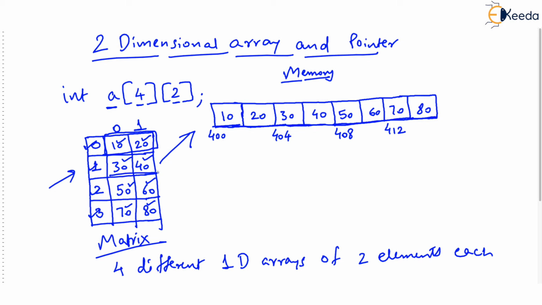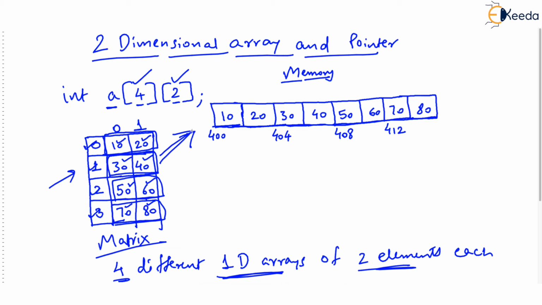This is another one-dimensional array. This is another one, and this is the final one. So how many one-dimensional arrays have you created? 4, because we have given the first subscript as 4. And how many elements is each one-dimensional array containing? 2 elements, because we have said that each one-dimensional array will contain 2 elements, and that's how we got a two-dimensional array.